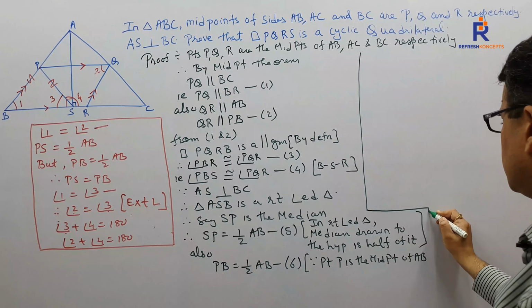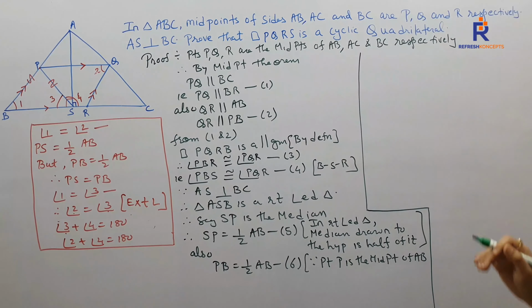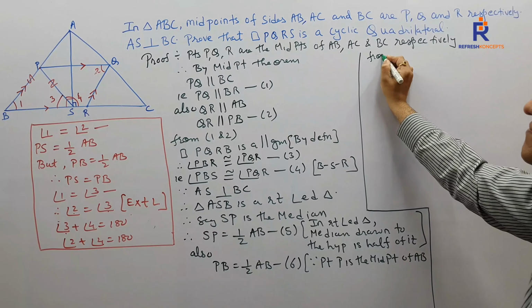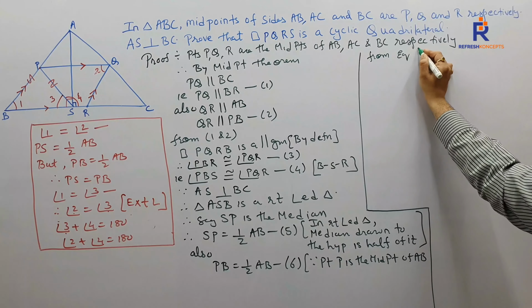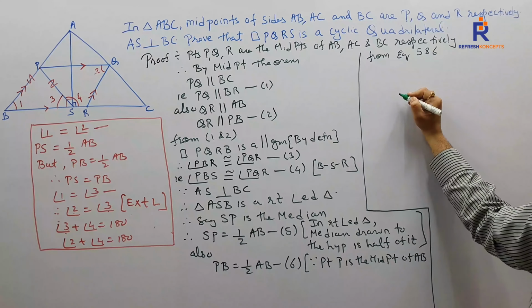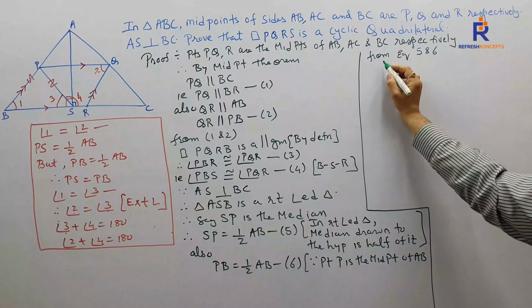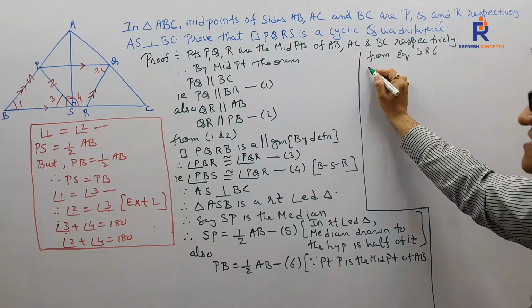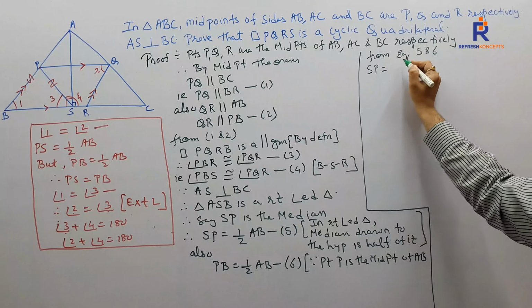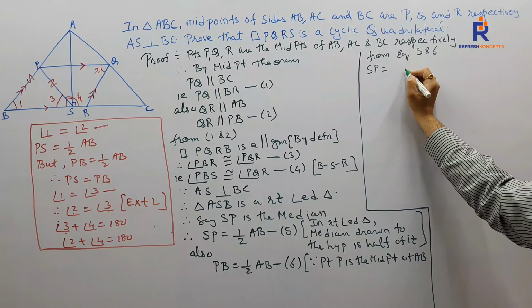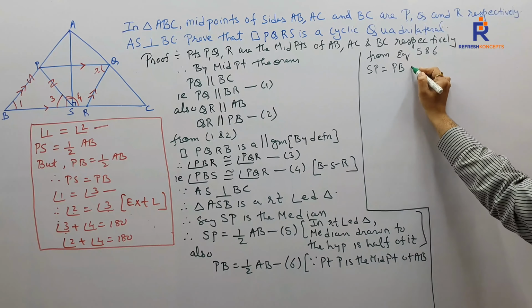I'm sorry for this kind of arrangement, but since our solution is lengthy, we have to. From equation 5 and 6, can I say SP is equal to PB? Equation 7.